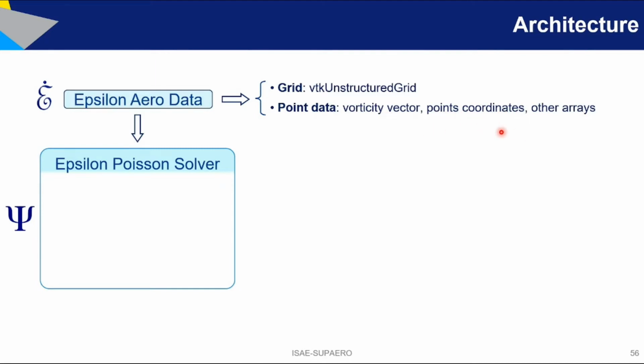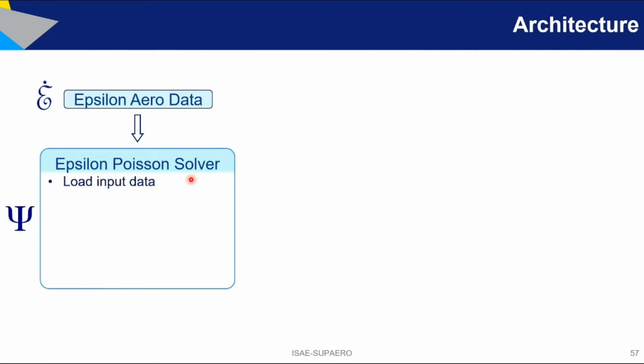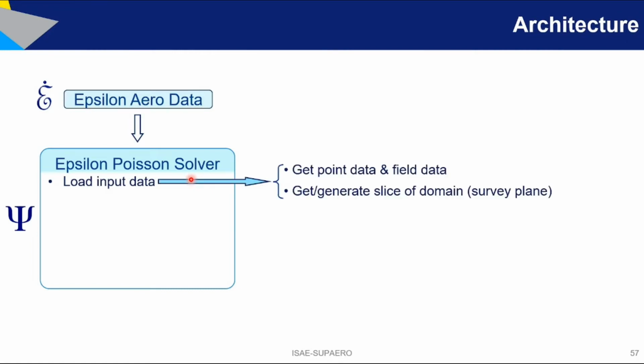So, with that in hand, let's see what is inside Epsilon Poisson Solver and what happens in the background inside ParaView each time you execute Epsilon Poisson Solver. Well, the first step is obviously to load the input data. Basically, I get the point data and the field data coming from Epsilon data, and then I generate a slice of the domain, or you can get the slice if it's actually being generated in Epsilon data.